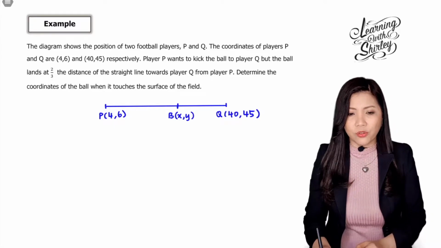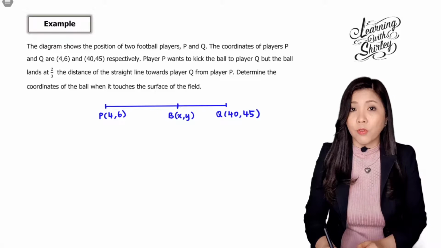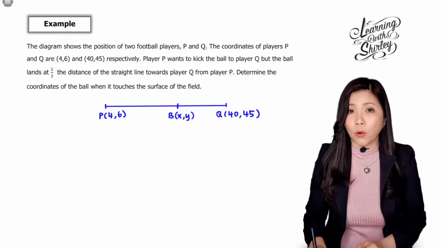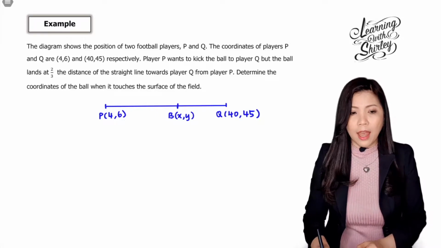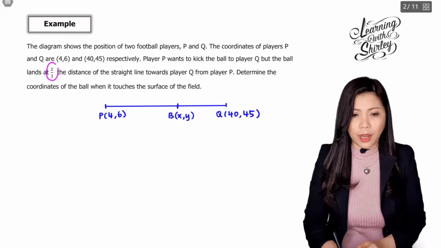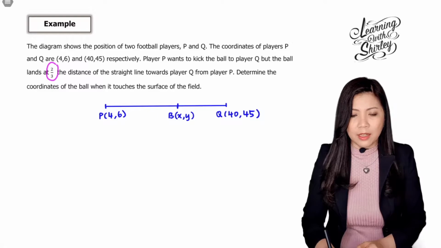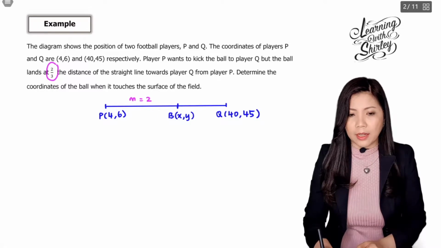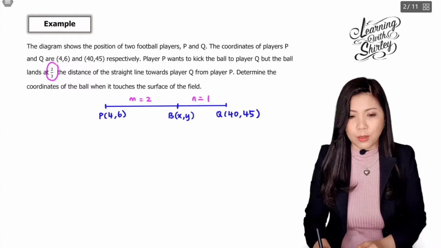Okay, so I draw a straight line here and I label P (4, 6) on the left and Q (40, 45) on the right. And then here would be the ratio. So it's 2 out of 3 parts, which means that this m is 2 and this n is 1 because the total is 3 parts.